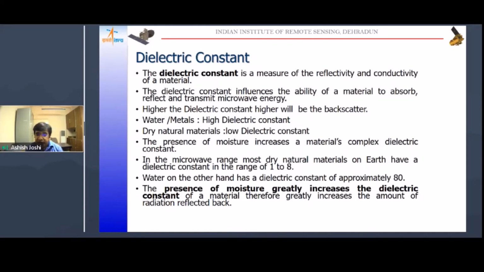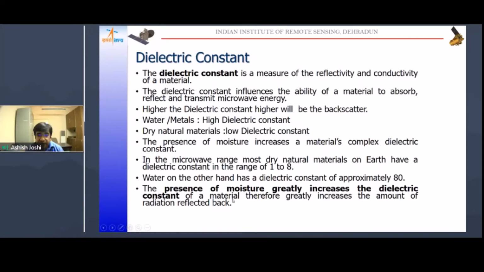So if any natural object with a dielectric constant of 1 to 8 has water or moisture present, then the dielectric constant will be much higher, because water has a dielectric constant of 80. So the presence of moisture greatly increases the dielectric constant of the material.